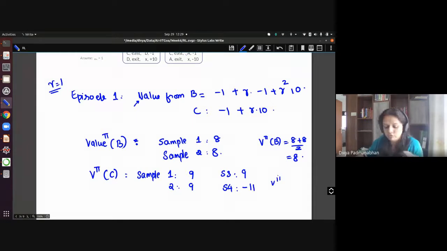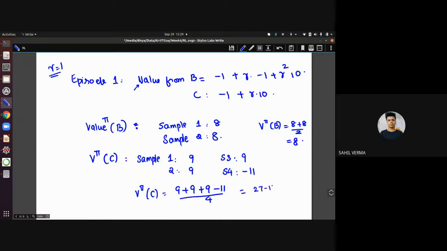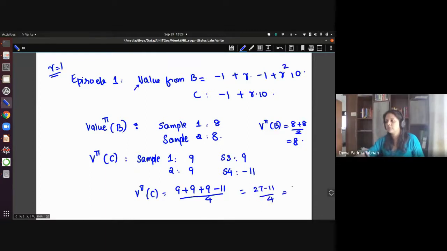So V pi of C, my estimate is going to be 9 plus 9 plus 9 minus 11 by 4, since I have 4 samples. So what's this number? It's 16 by 4, so 4.